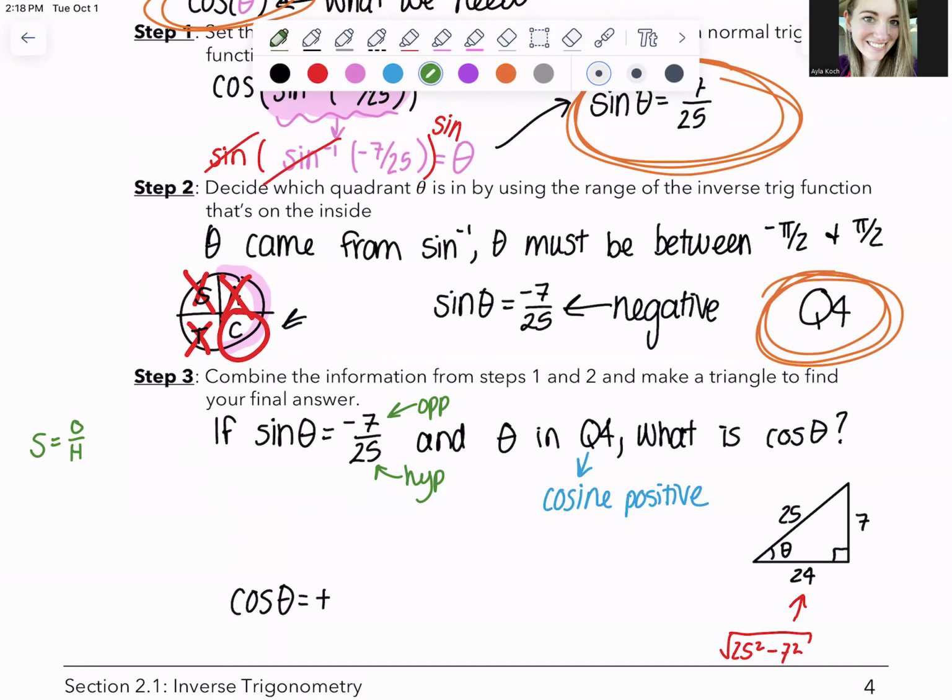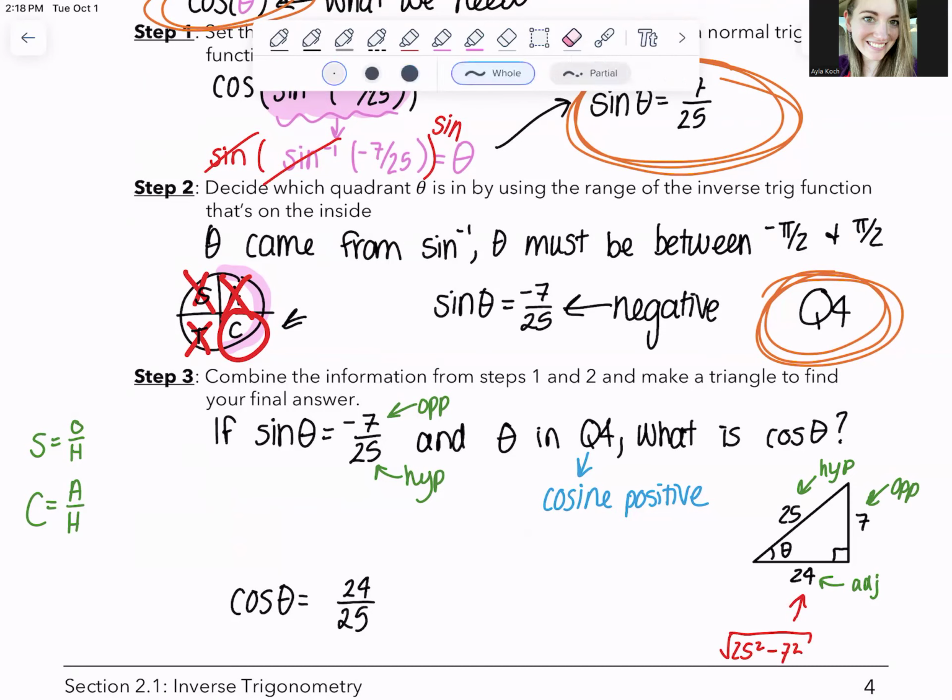Cosine is adjacent over hypotenuse. So, CAH. Here's the opposite. Here's the adjacent. Here's the hypotenuse. So the adjacent side is 24. The hypotenuse is 25. So cosine of theta is equal to positive 24/25.